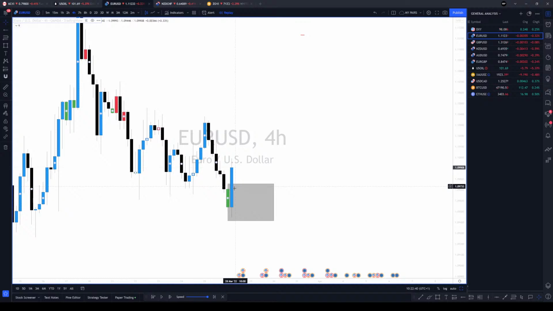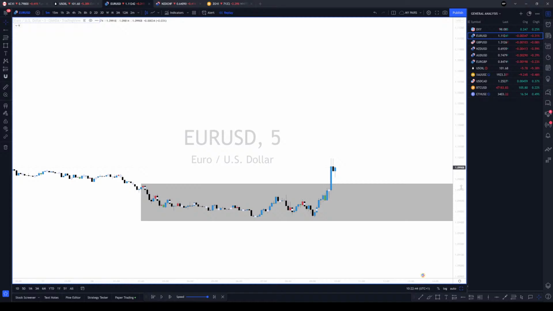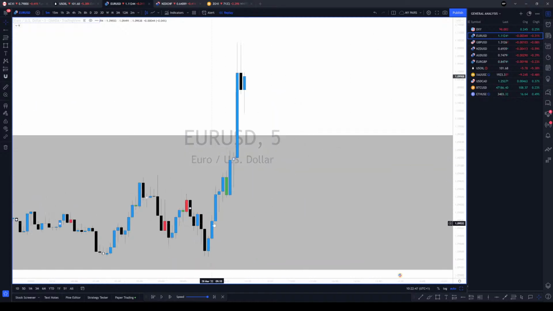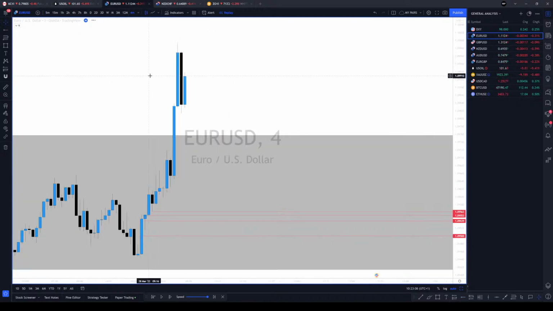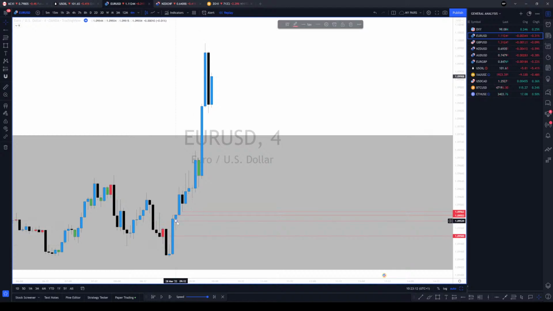I know this one is London, so drop down to the lower time frame, find the imbalance, which is this one and that one, this one, and that one there. And if I keep dropping, I'll probably get it properly.